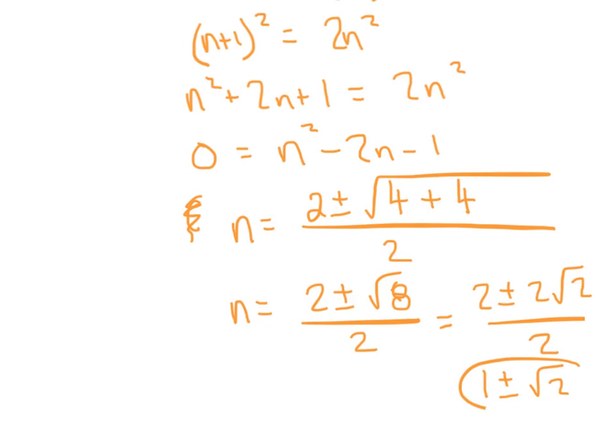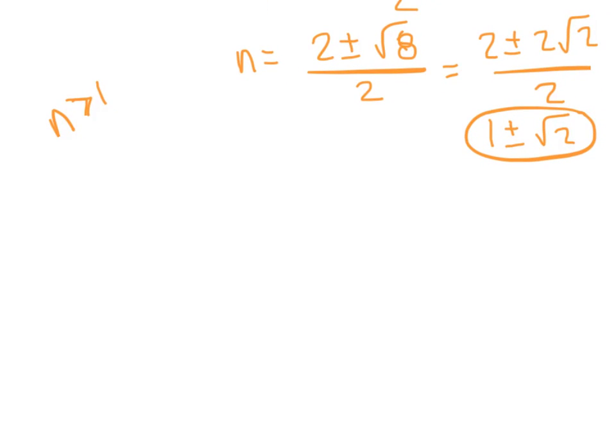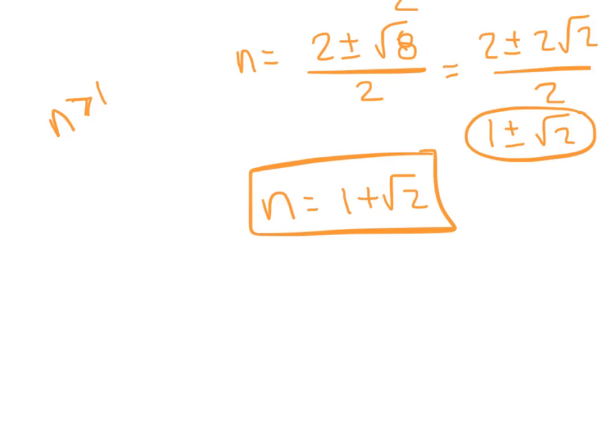Now, as you get these two solutions, remember the domain. They said n had to be greater than 1, so we're going to reject the 1 minus radical 2 solution, and say n equals 1 plus radical 2 is our solution. That's the value of n that hopefully maximizes the area of region S.